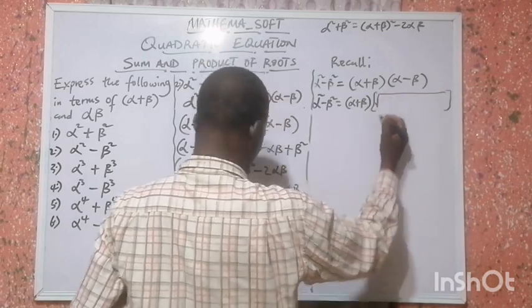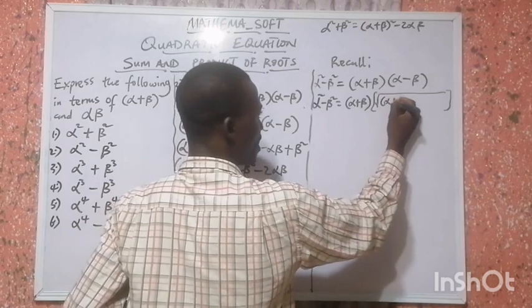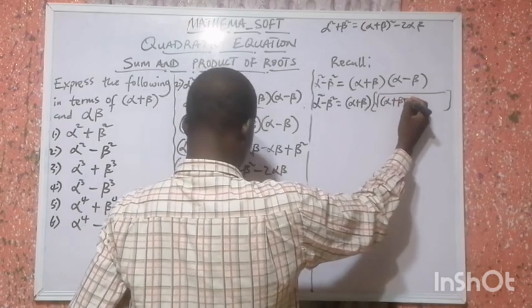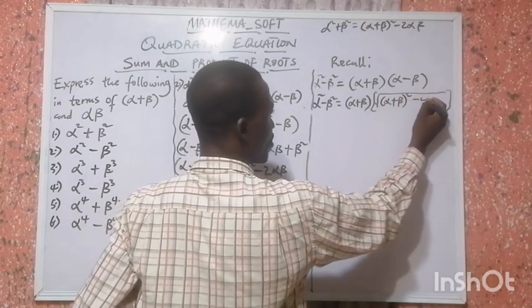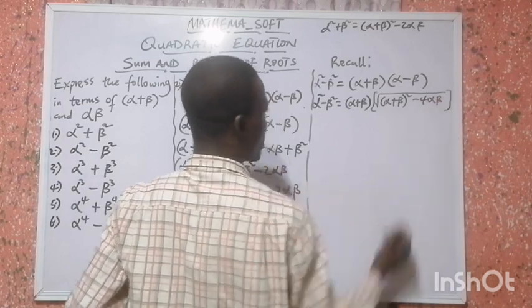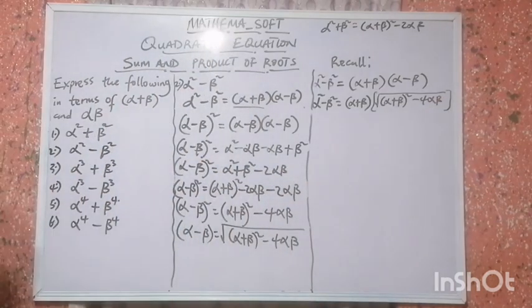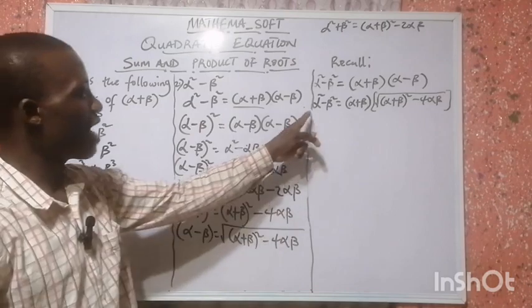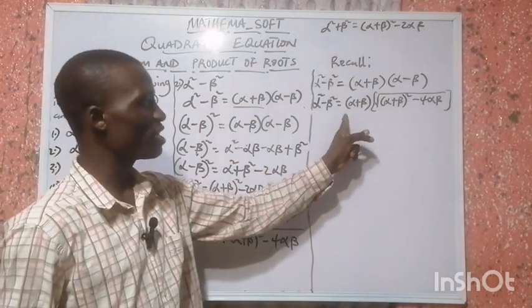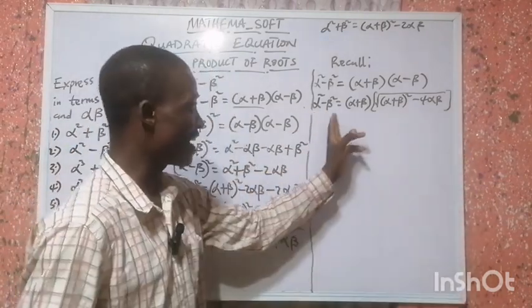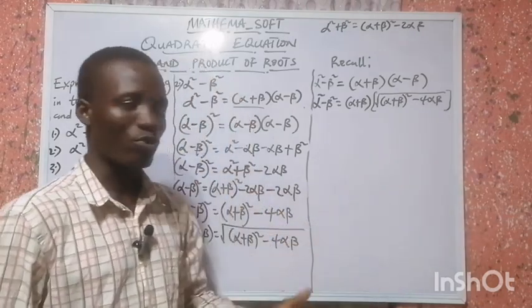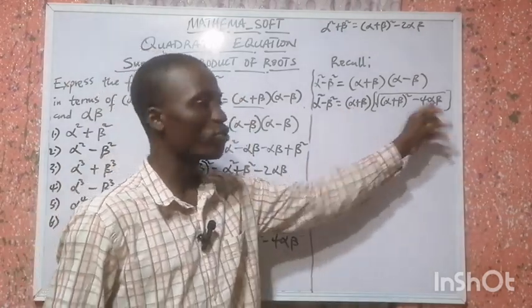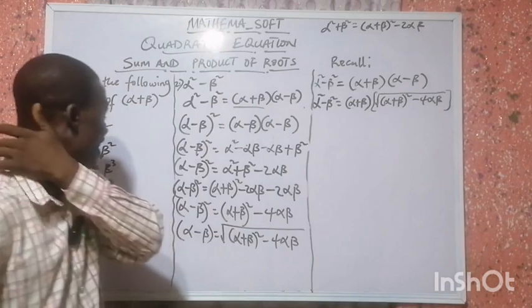So it is alpha plus beta times the square root of alpha plus beta squared minus 4 alpha beta. This is the expression for alpha square minus beta square, and you can see that all the terms are now in sum of roots and product of roots.